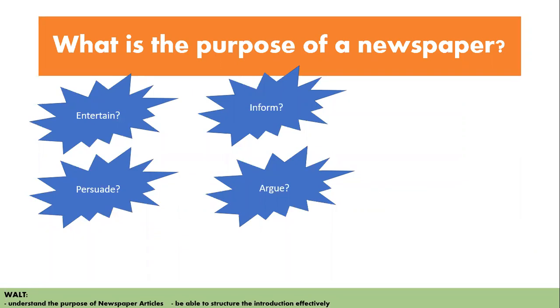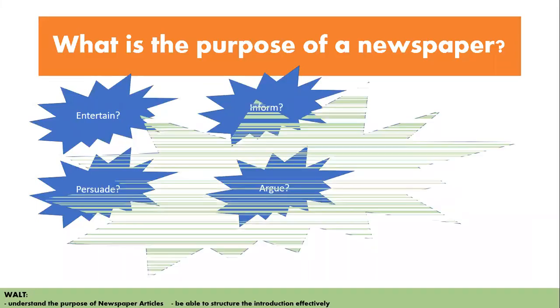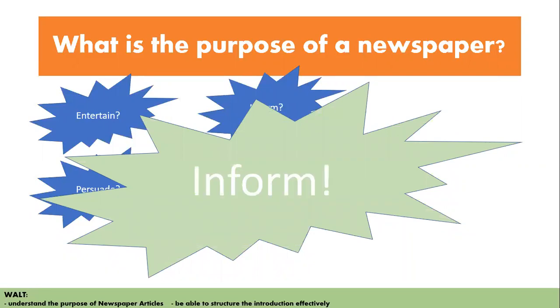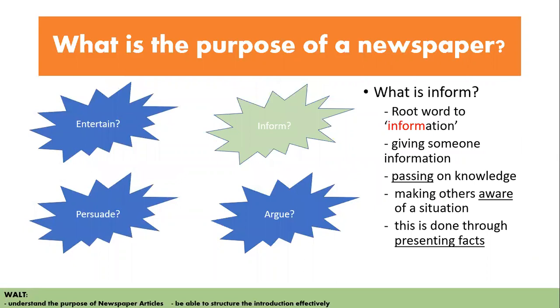Got different purposes for writing on the screen now. We've got entertain, inform, persuade, or argue. So what do you think is the main purpose of a newspaper? Let's have a look. Main purpose of a newspaper is to inform. So inform is the root word that's used in the word information.